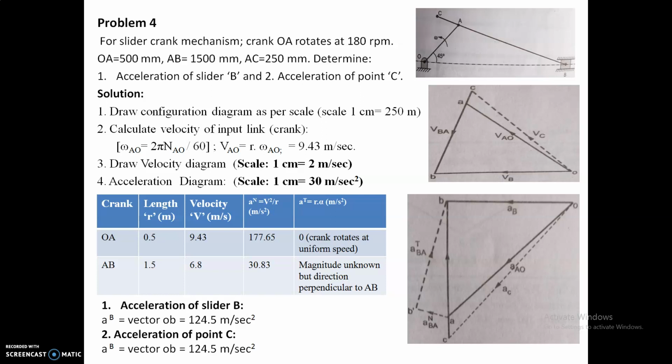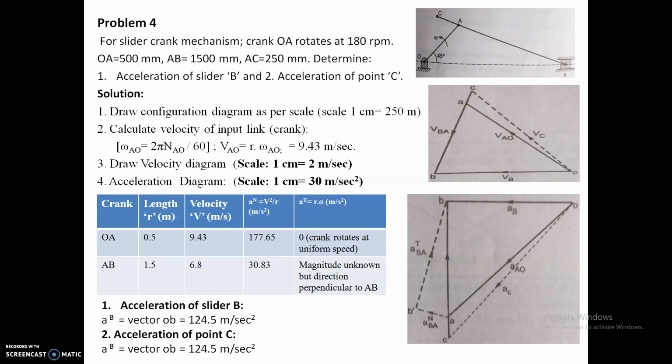Again, you have to follow the same method. First of all, you locate the fixed point O. Each of these links is a vector, having a magnitude and a direction. So let us see the velocities one by one. First of all, I'll take the link OA, that is the crank.